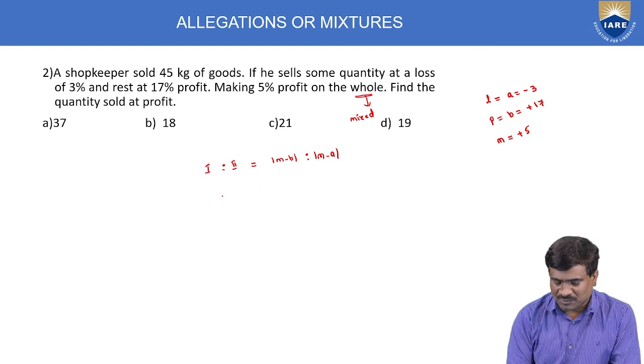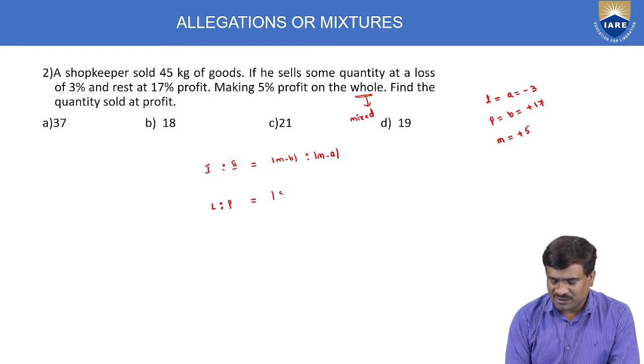Next, substitute in the above formula. Here, case 1: loss is to profit is equal to modulus of M minus B, 5 minus 17, is to modulus of M minus A, 5 minus minus 3, is equal to 12 is to 8, which is a 3 is to 2 ratio.